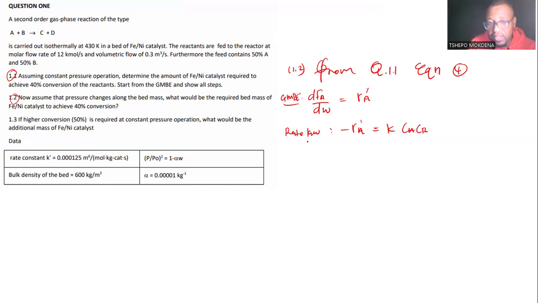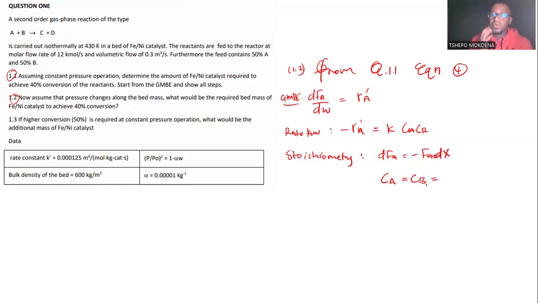And then stoichiometry. Now this is where things are going to be a little bit different. It's a small thing we're going to change here. We know this: it's the same as negative FA0 dX, already derived as well. What else? The concentration of A. Concentration of A and B, let me just say, is going to be the same for the sake of how I wrote it over there.